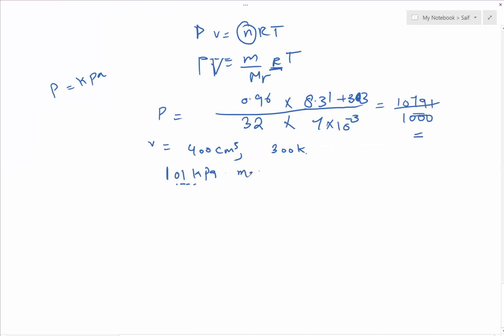And the mass is given as 0.65 grams. Assume that the gas behaves ideally. What would be the identity of the gas? Identity means that you are going to find MR. Just do it. I'm waiting.